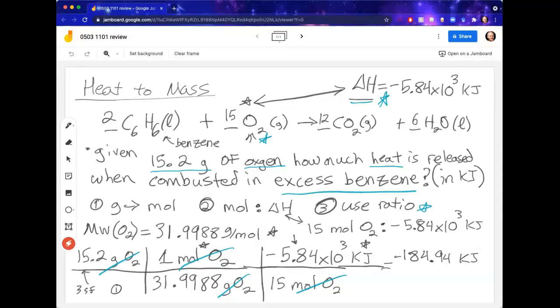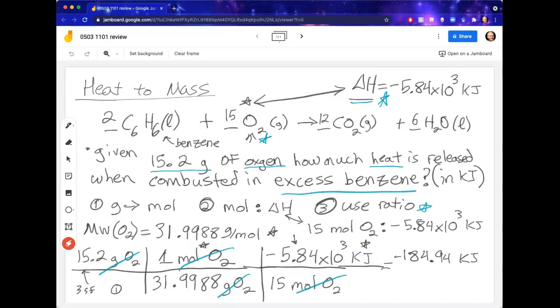I do want to make one more point that the coefficients do not count towards your sig figs. So the fact that that has 2 sig figs is not important here. The coefficients are exact quantities and they don't impact the sig fig determination. In this case, it's the enthalpy or the mass that determined how many sig figs we would keep.